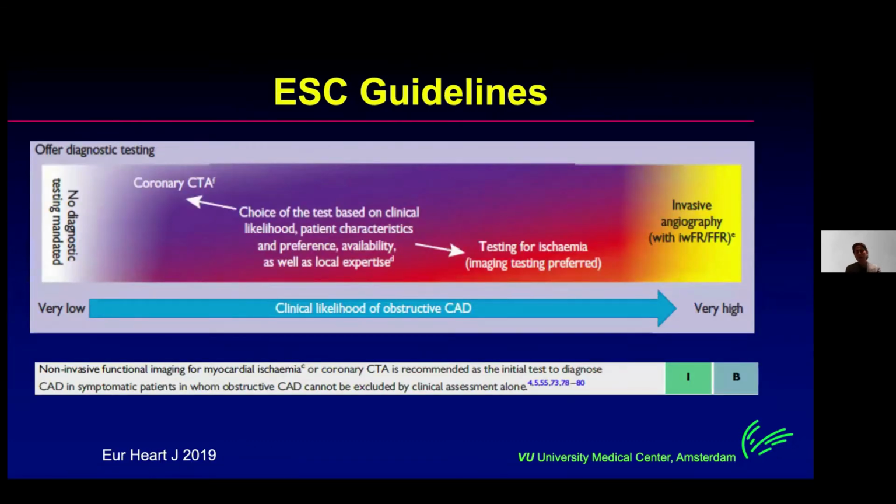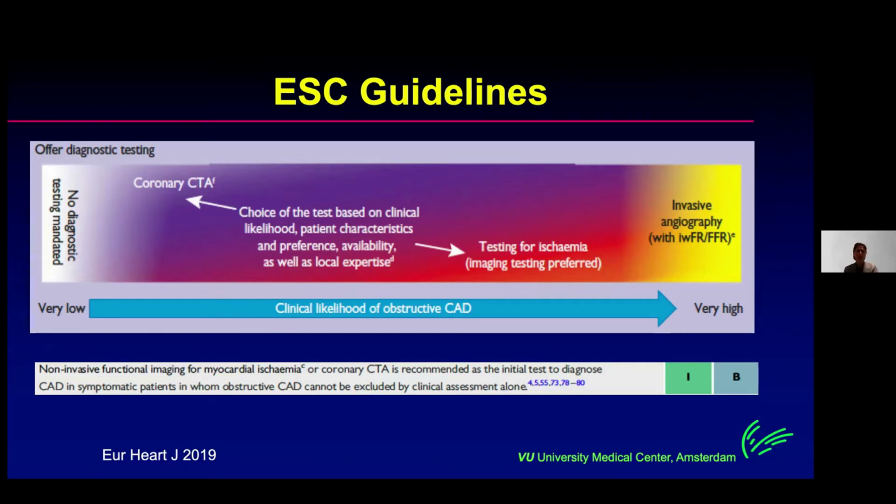If we take a look at the guidelines based on all these imaging techniques, we tend to rely on intermediate likelihood of disease. If you have a low intermediate likelihood of disease, you go for coronary CT. If you have a high intermediate likelihood of disease, you go for ischemia detection.